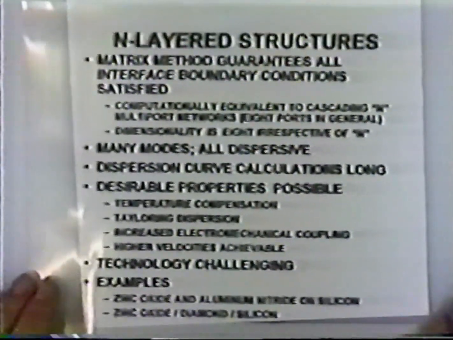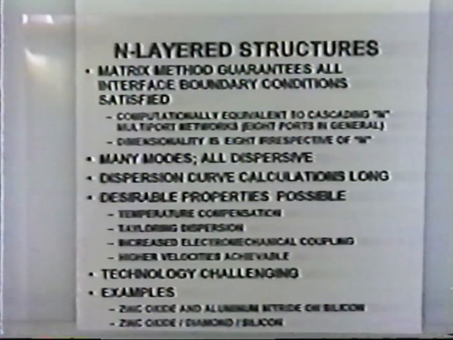Let's talk about this in words for a moment and underline the power that I believe resides in the matrix method. This particular transparency is in the package you got last Monday.